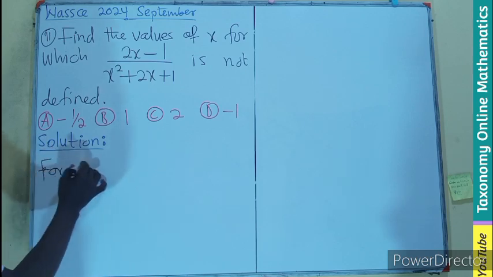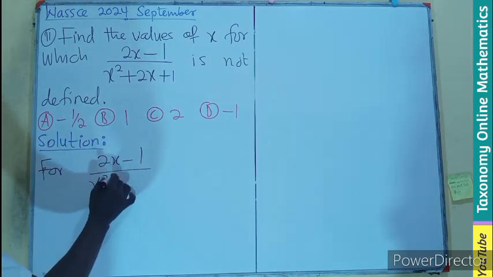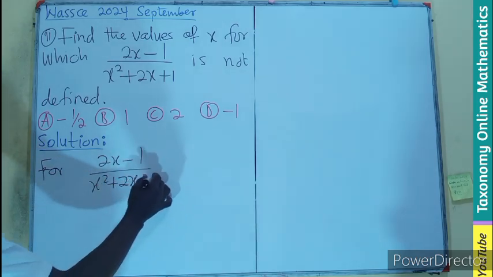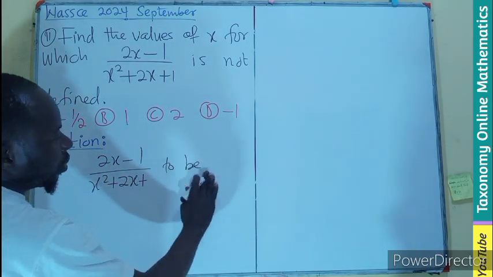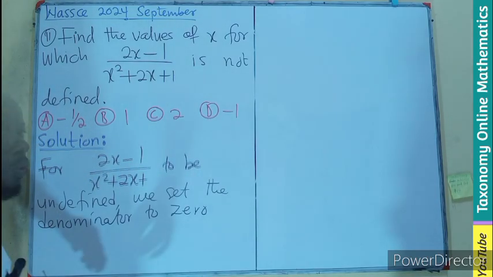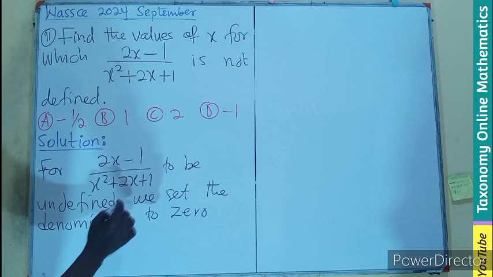So we say that for (2x minus 1) divided by (x squared plus 2x plus 1) to be undefined, we can set the denominator to 0, right?